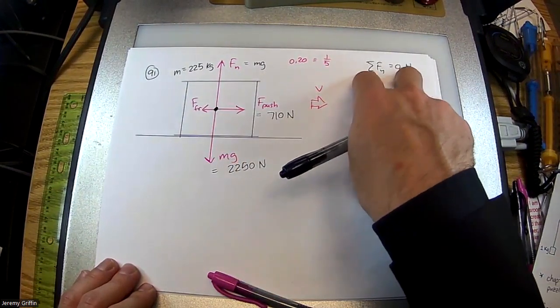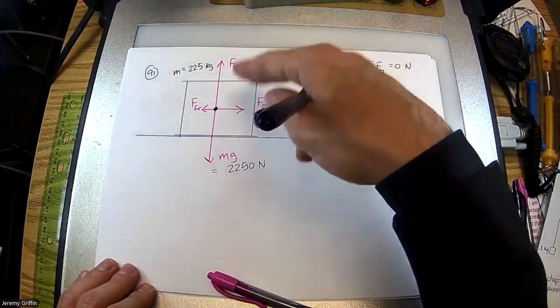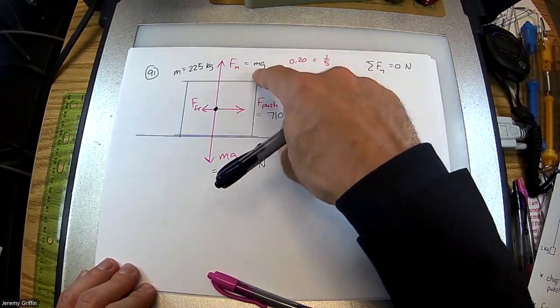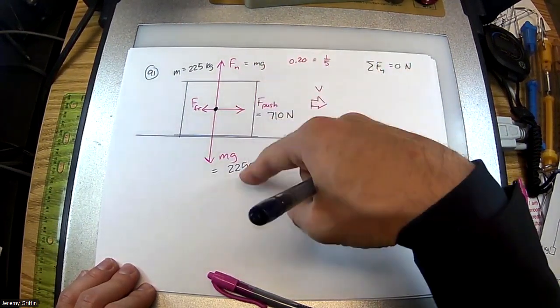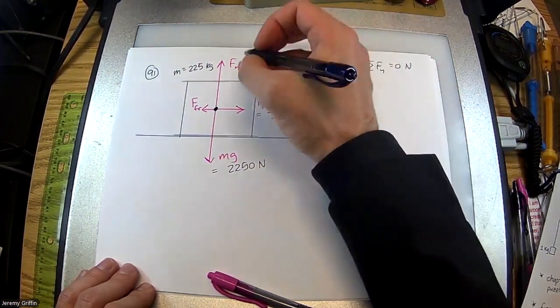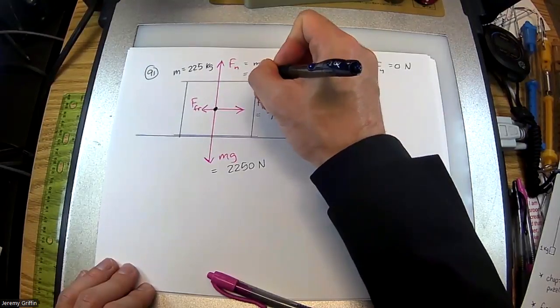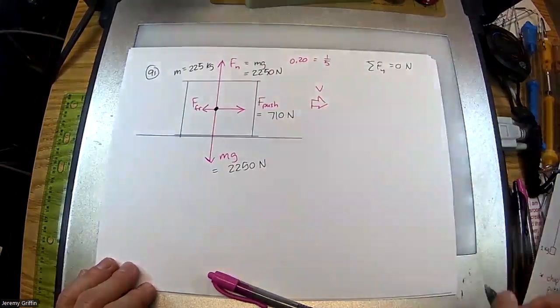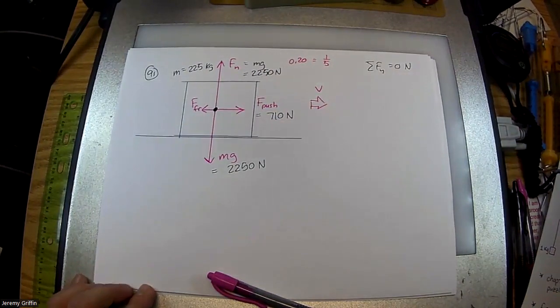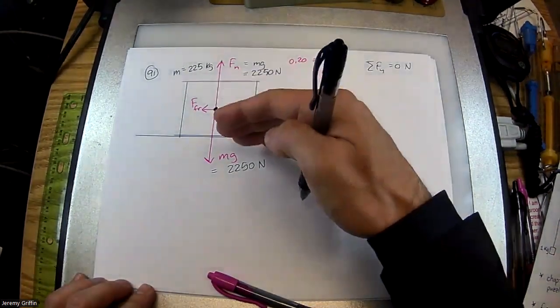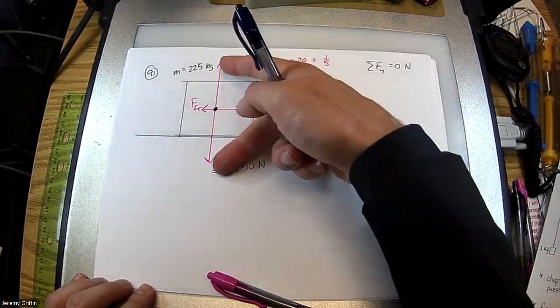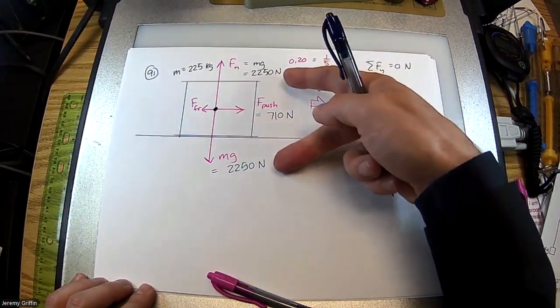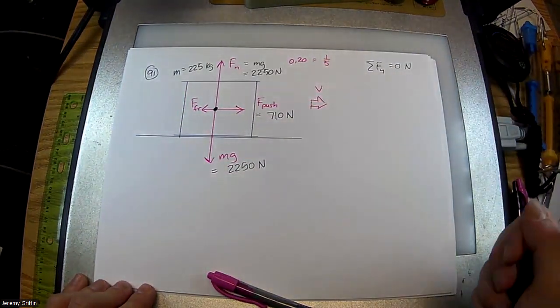But vertically, the block's not moving up or down, so this can be true. Therefore, the normal force minus the weight is 0. Therefore, the normal force is equivalent to the weight, that's 2250 newtons. You guys can figure that out? If the block's not accelerating up or down, it must be 0 net force vertically. So these two are balanced. That's all I'm saying.